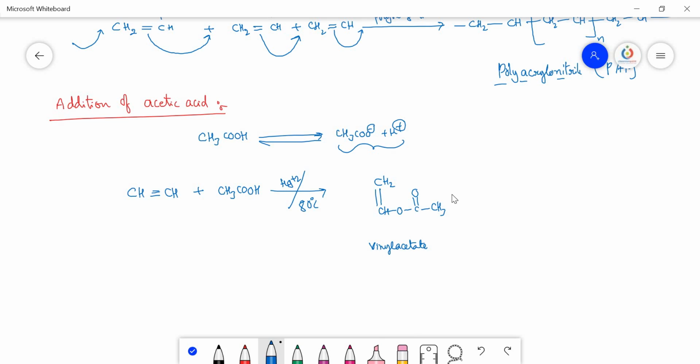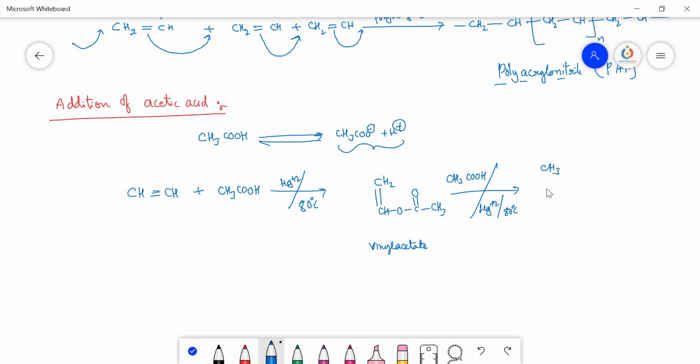So this vinyl acetate reacts with one more mole of acetic acid, CH3COOH, in the presence of the same catalyst, Hg plus 2 at 80 degrees centigrade. Again you add hydrogen here and the acetate part over here.